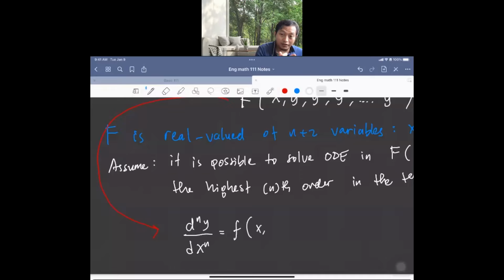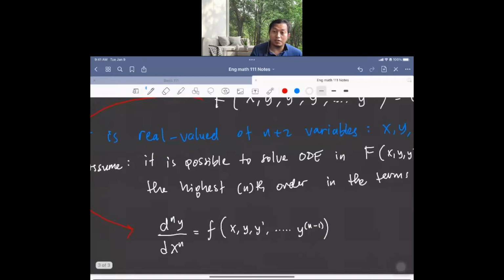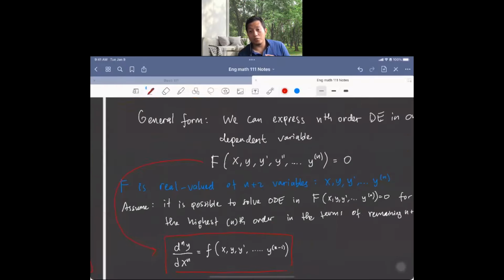So f, and then write the same thing, x, y, y prime, and instead of y with nth order, we make this y to the n minus 1. I think in some sense this form is much more intuitive in our differential equations applications because it's already showing you the Leibniz notations. I hope you understand what I mean here.